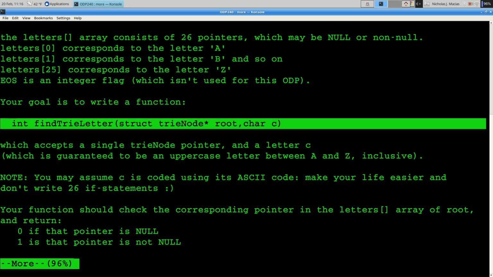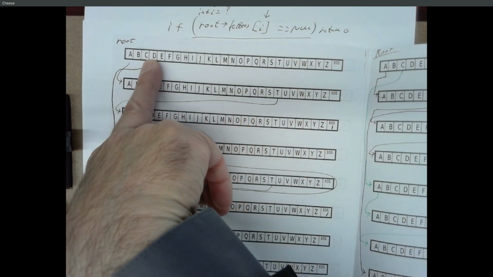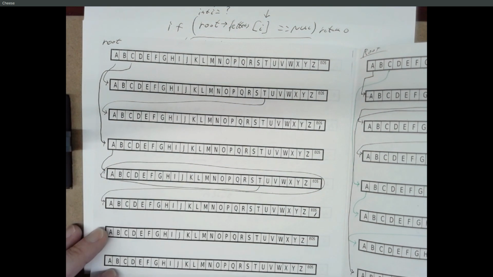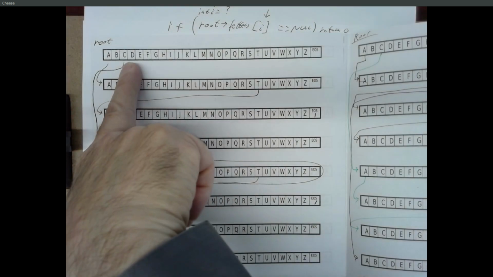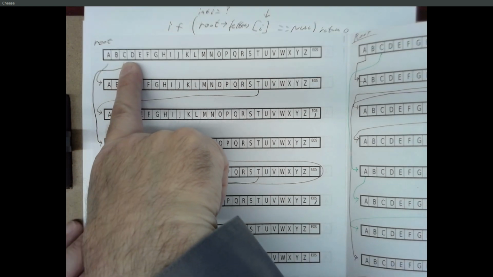And where we're going with this is probably the next ODP or the one after. If we take a node and we take a letter C, we can go to that and we can say, is that null or not? Suppose we're looking for the word cat in our trie. We take the first letter of cat, that's a C, see if that pointer is null or not. If it's null, you're done, cat's not in the trie.